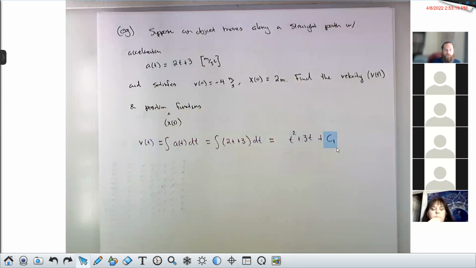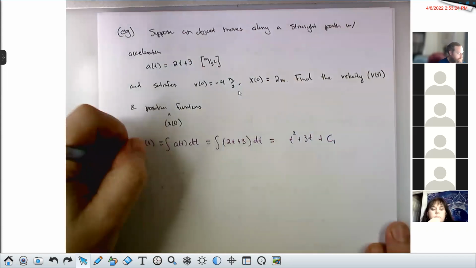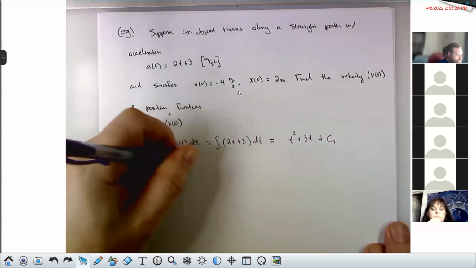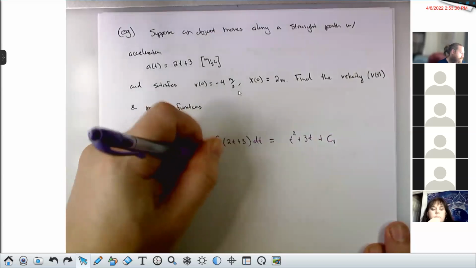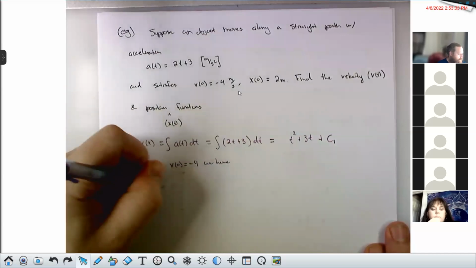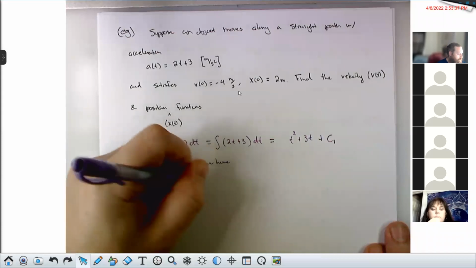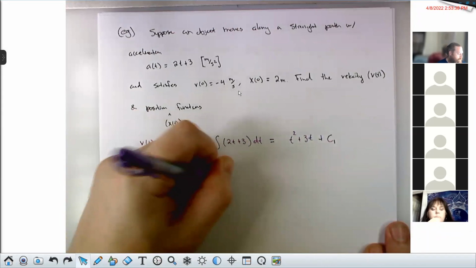To determine the specific constant that matches with this initial value, I can set -4 equal to 0 squared plus 3 times 0 plus C1.